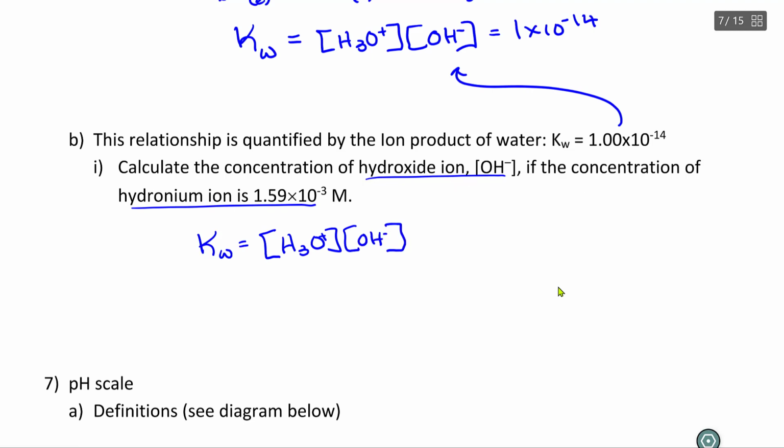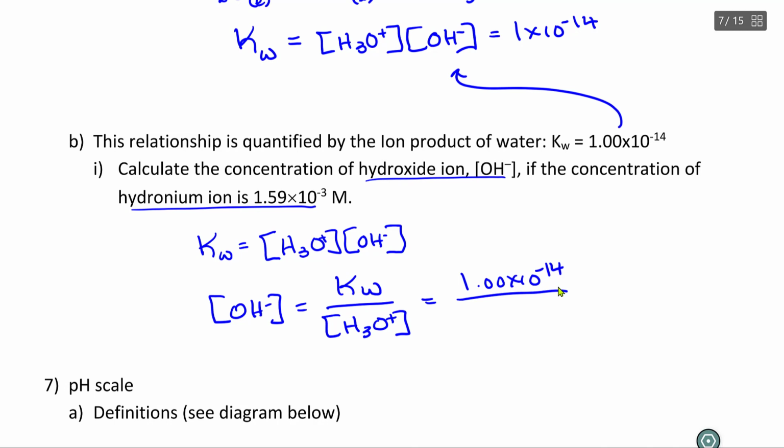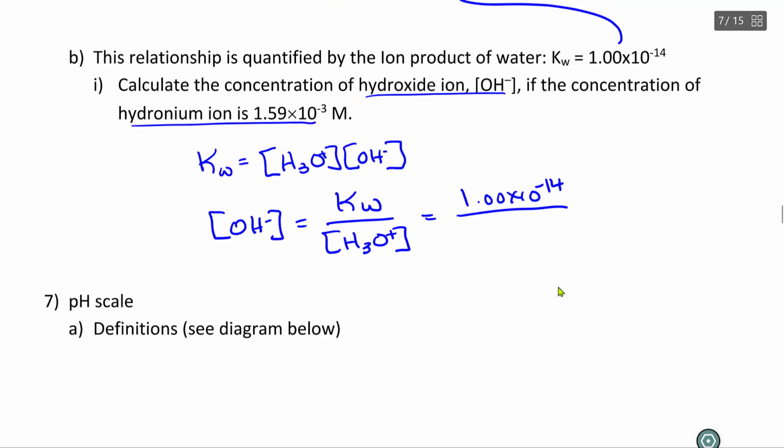I'm looking for hydroxide, so I'll divide through by H3O plus, and that'll leave me with OH minus by itself, equal to Kw divided by H3O plus. Now I can plug the numbers in. This is 1.00 times 10 to the minus 14. That number never changes, always the same in this class. It does actually depend a little bit on temperature, but in this class it's always that same number. And then the concentration of hydronium ion is 1.59 times 10 to the minus third.